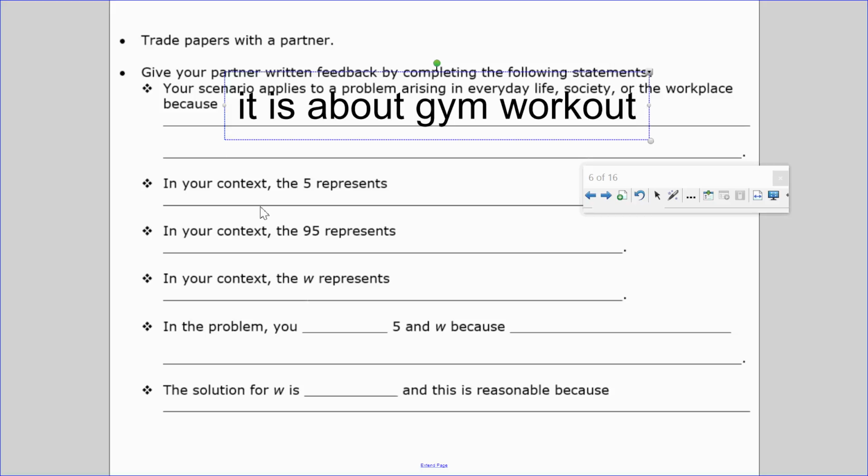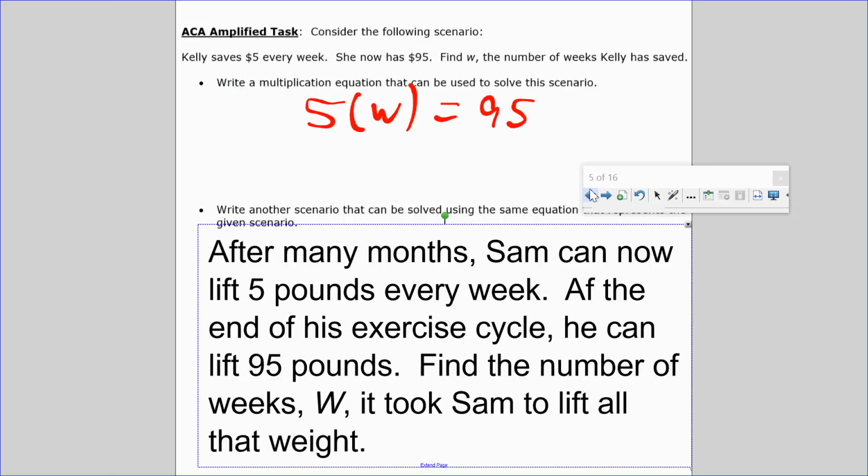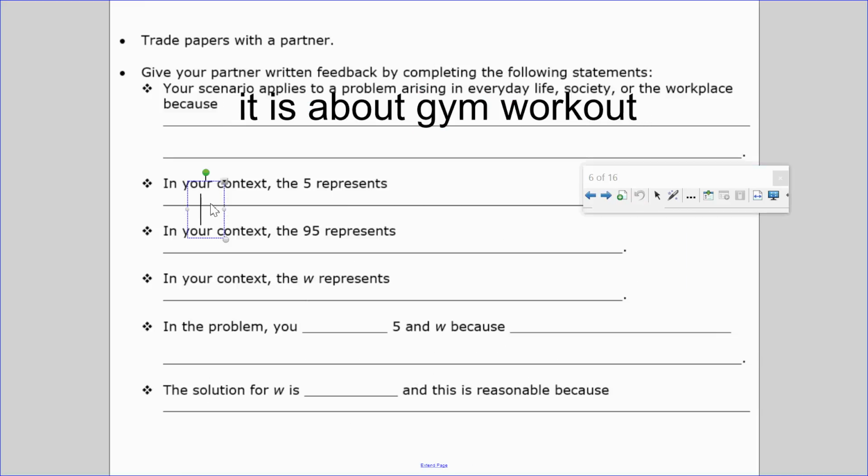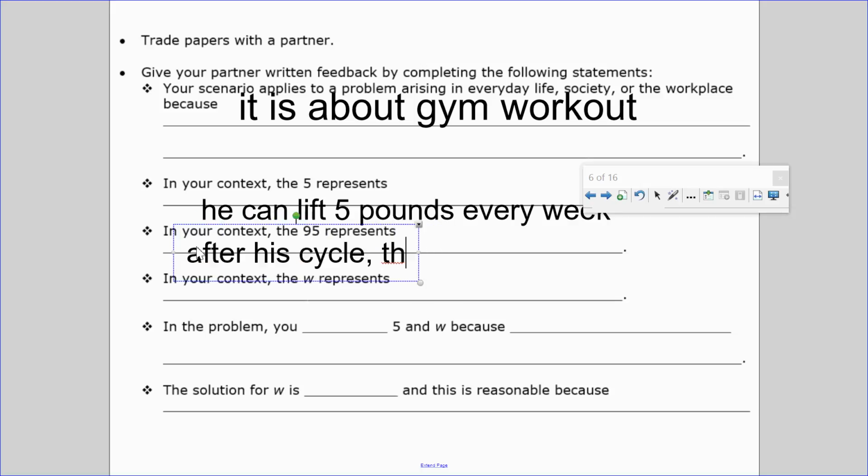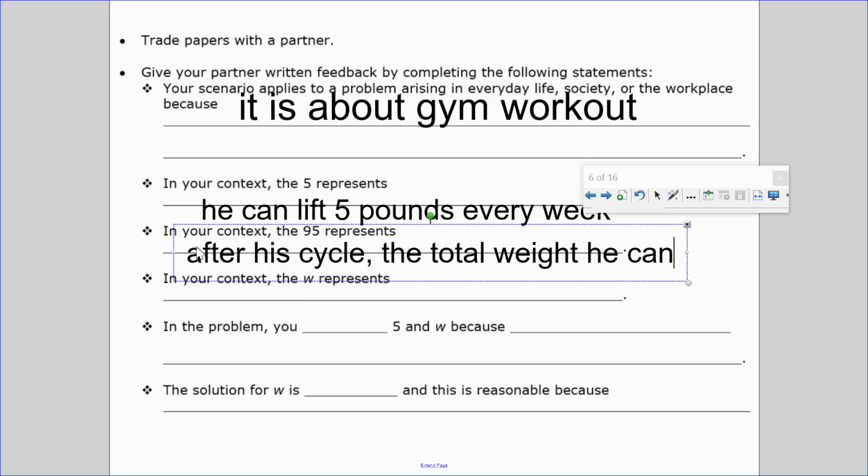In your context, what did the 5 stand for? It represents that he can lift 5 pounds every week. What does the 95 represent? I believe the 95 is the total weight he can lift after his cycle.